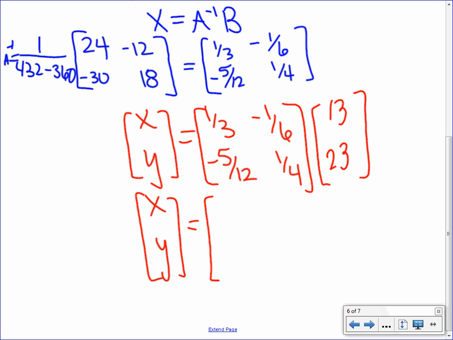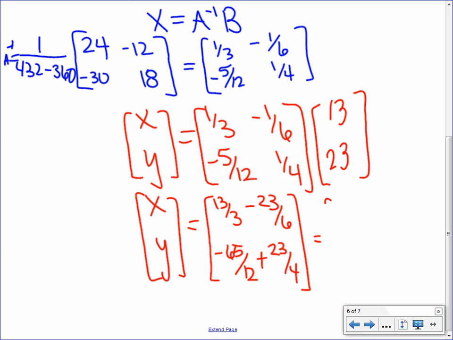Okay. Now the fun begins, right? 1/3 times 13 is 13/3, plus 1/6 times 23. Okay. Negative 5/12 times 13 plus 1/4 times 23.